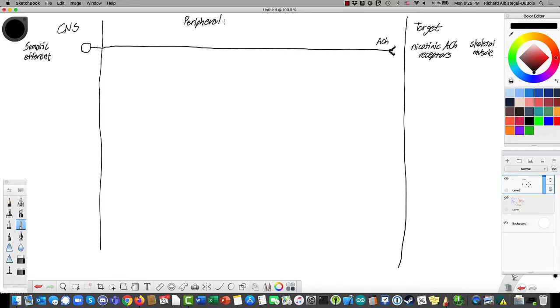Okay. Now, all but one of the autonomic pathways we're going to have. So this is going to be sort of autonomic in general, not any specific pathway. Autonomic pathways have two neurons.